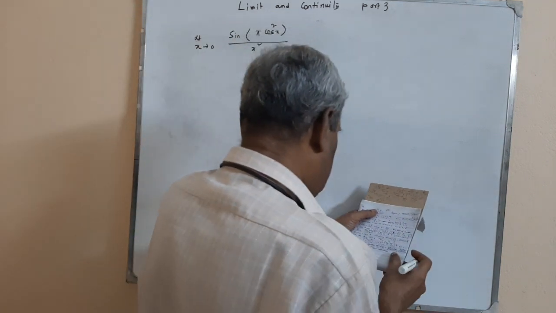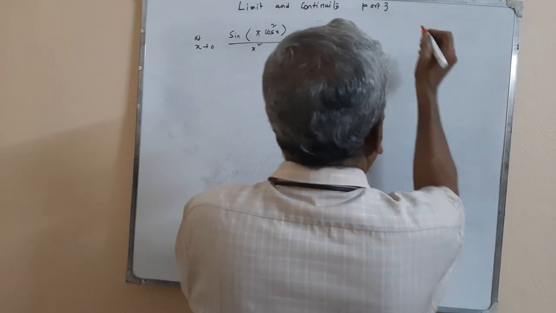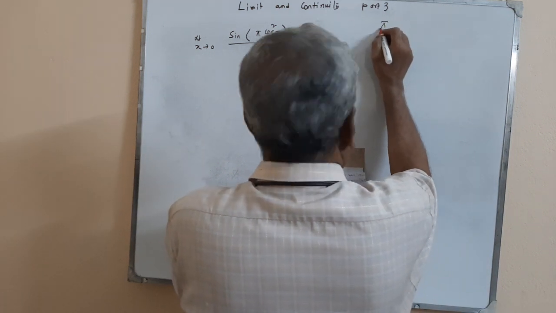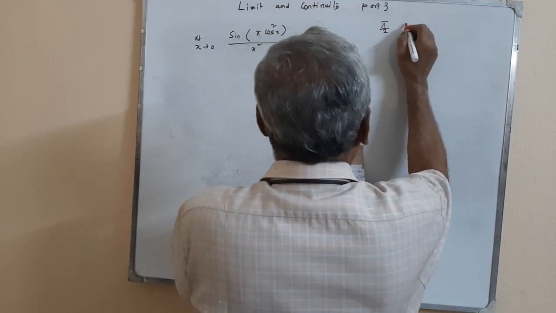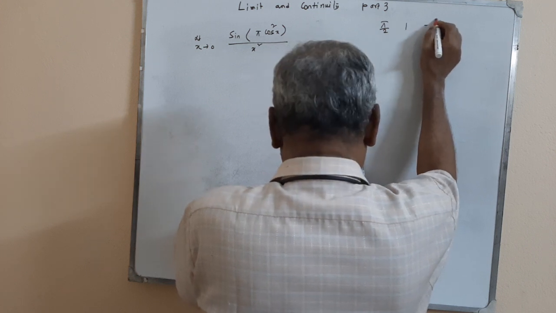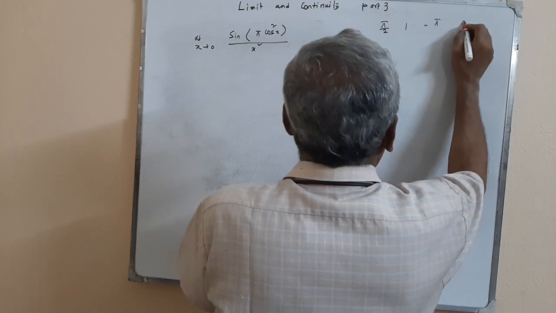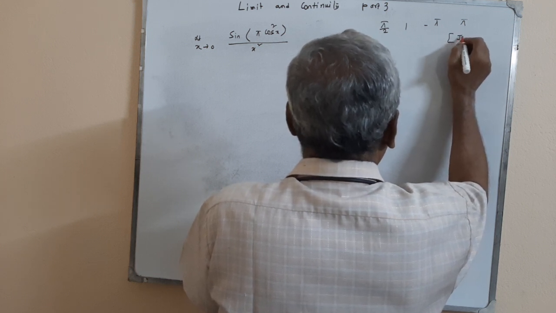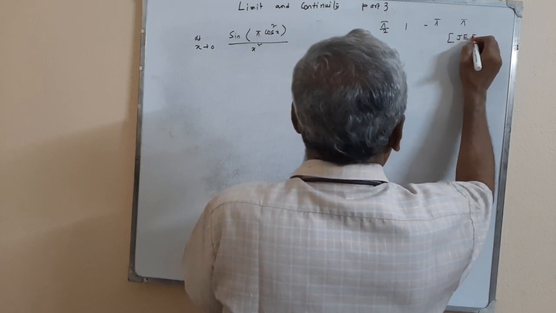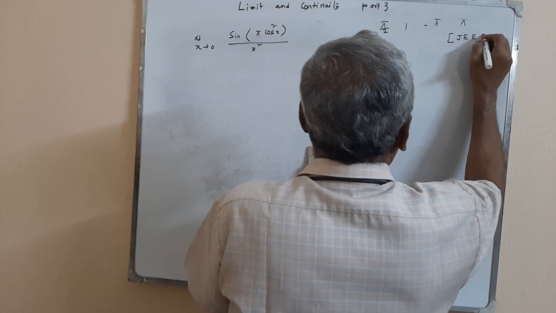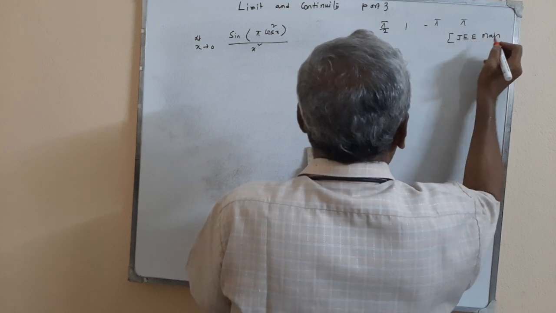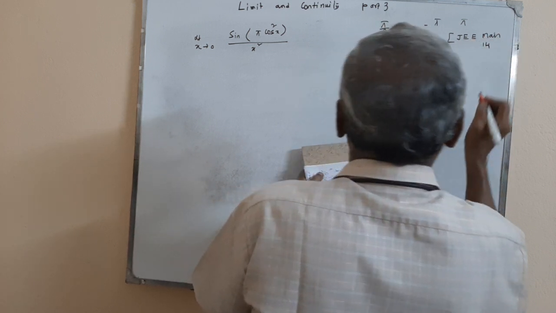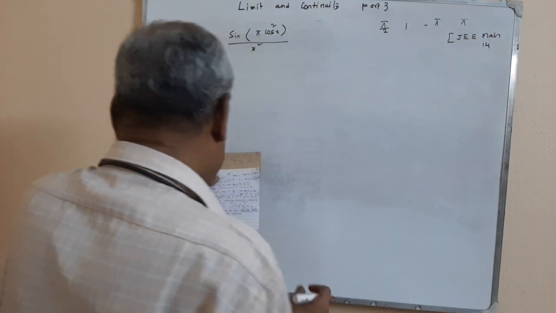Options: pi by 2, 1, minus pi, and plus pi. And that problem was given in JEE Main in the year 2000.